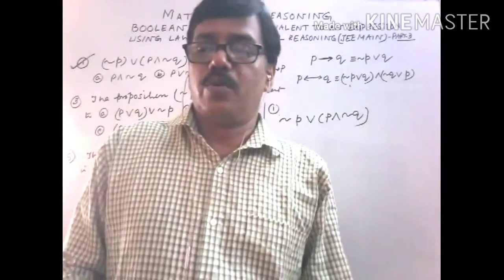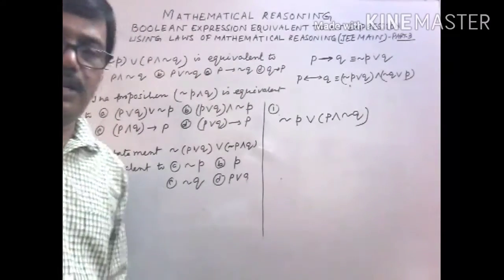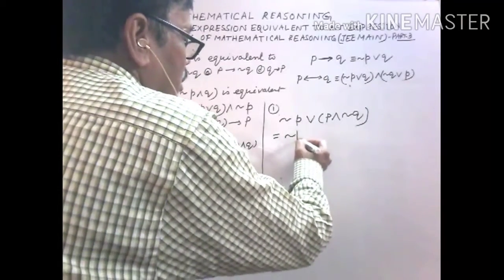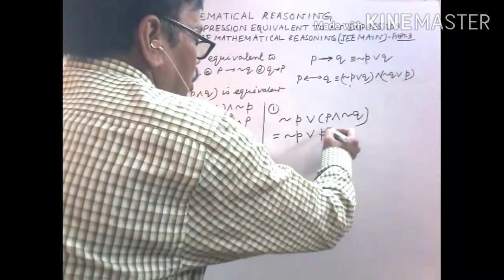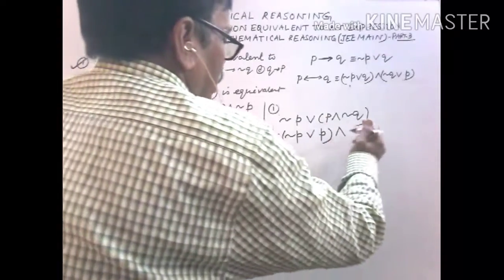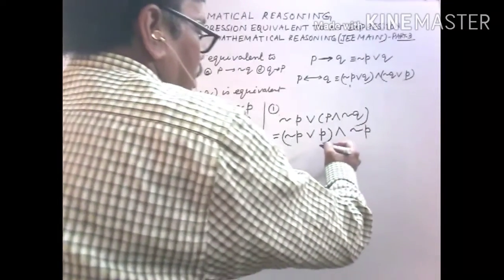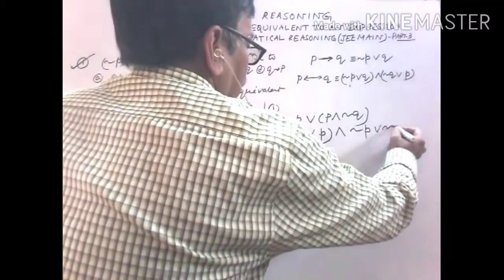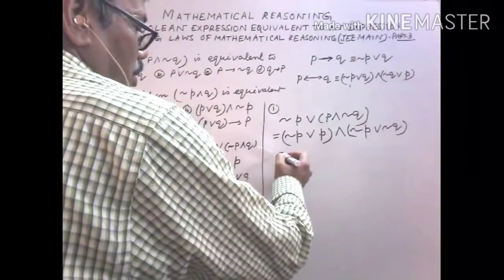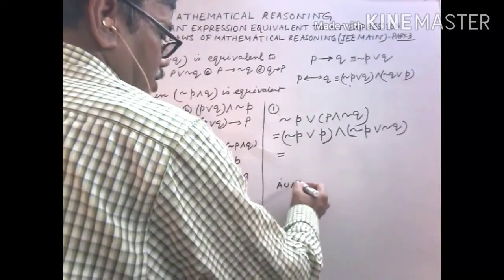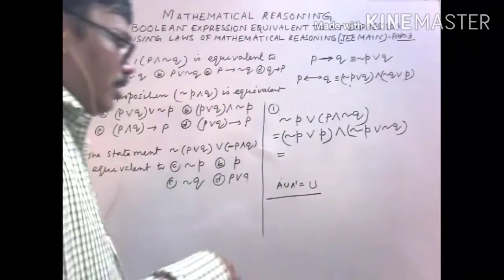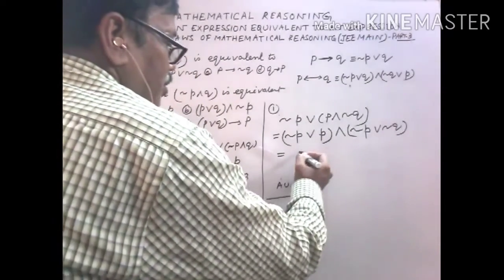So for two operations we use the distributive law. Using the distributive law, this is (negation P union P) intersection (negation P union negation Q). A union A dash equals the universal set, and in Boolean algebra this will be a tautology, that is T.